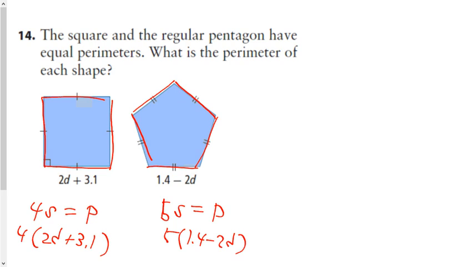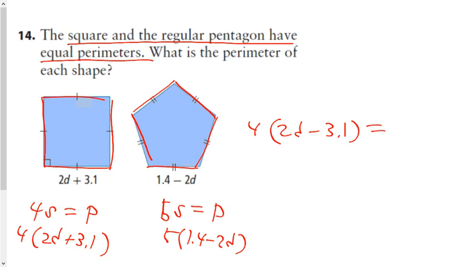It does say in the instruction that the square and the regular pentagon have equal perimeters. So therefore, the perimeter of the square is equal to the perimeter of the pentagon.